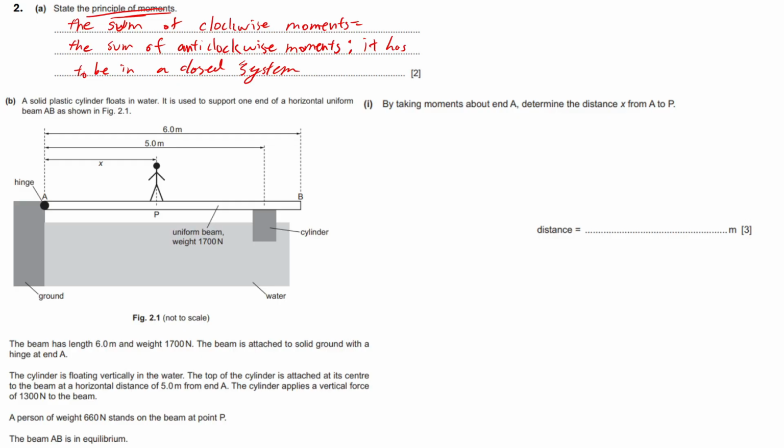All right, so for the second one, for B, they give us a diagram, which has a person, a beam, a cylinder underwater.